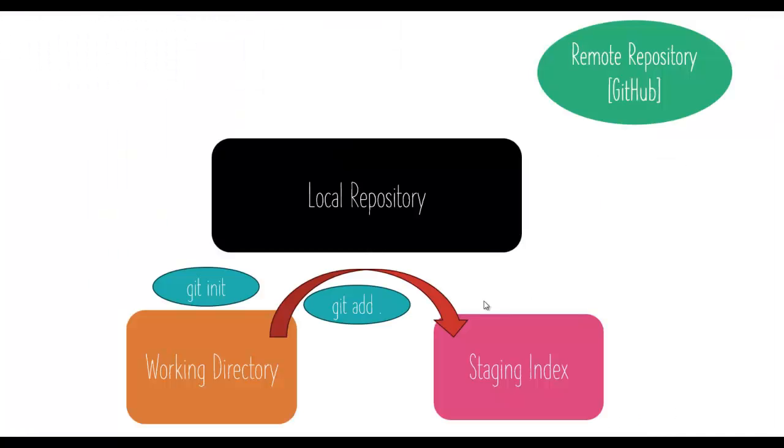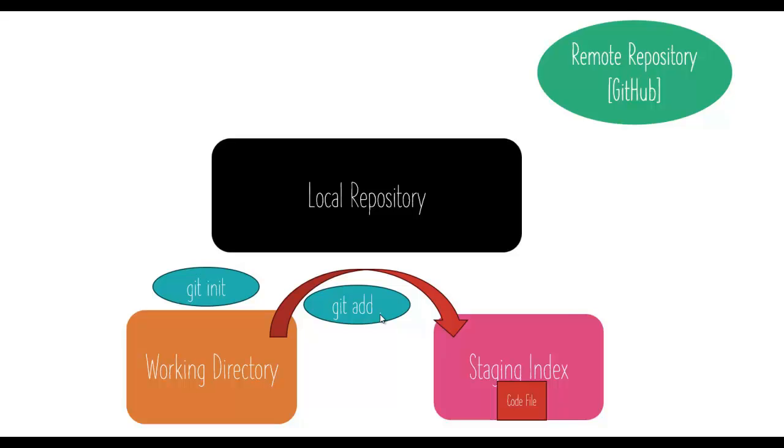Now let's review everything that we have done. As you know, we initialized the Git repository using this command, git init. We added our files to the staging area using git add dot. Dot means all. Now our files are available inside the staging area.